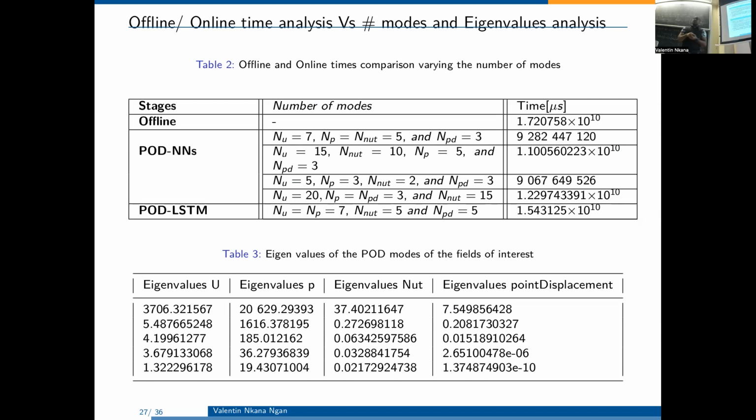And this table shows that also with one mode we can reconstruct the eddy viscosity, and also with one mode you can reconstruct the entire displacement of the grid. So in this case, you can see that reducing the mesh motion computation is really interesting, thanks to POD Galerkin projection.